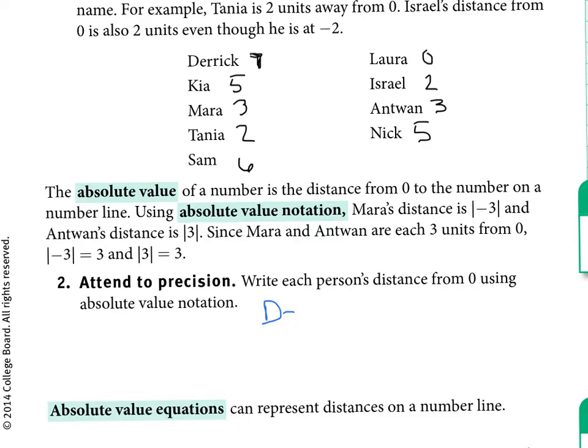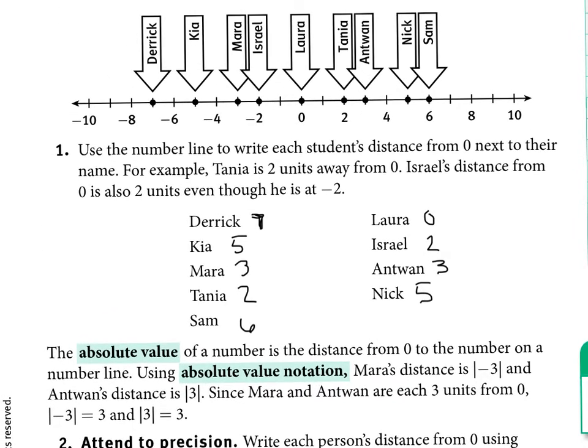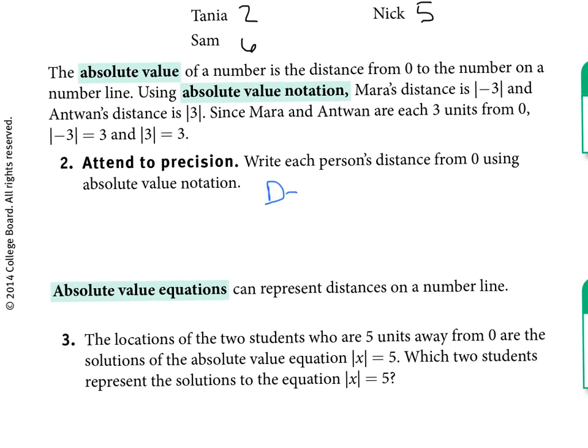Since Derek is on -7, as we go down here, we're going to write the absolute value of -7. That's the distance from 0 at -7, and of course he's 7 units away. So go ahead and write that for the rest of the names.